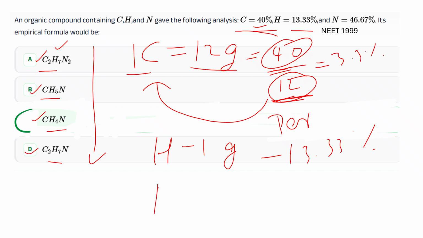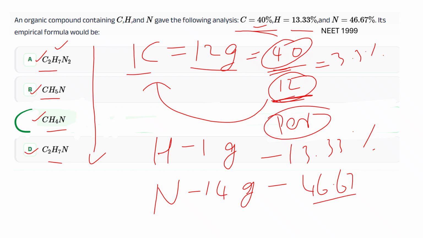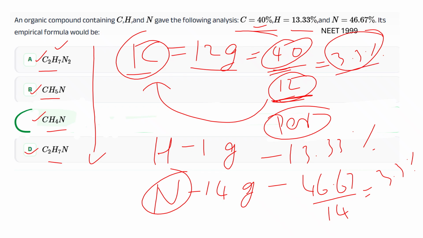Nitrogen weight is 14 gram. If I divide 46.67 per 1 mole of nitrogen, dividing by 14, it will also give 3.3 percentage. So carbon and nitrogen have the same percentage.